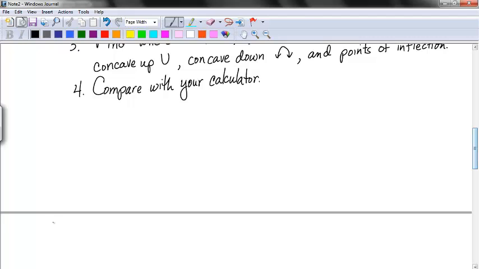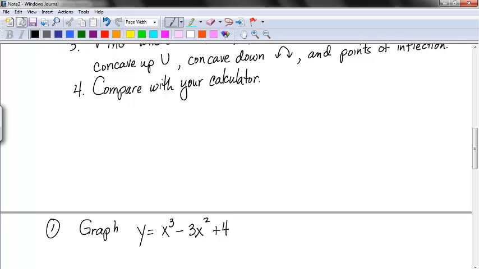Okay, so first example. Say they ask you to graph y equals x cubed minus 3x squared plus 4. Now, you guys already have an idea of what a cubic graph looks like, okay? And it makes a difference whether this number in front is positive.